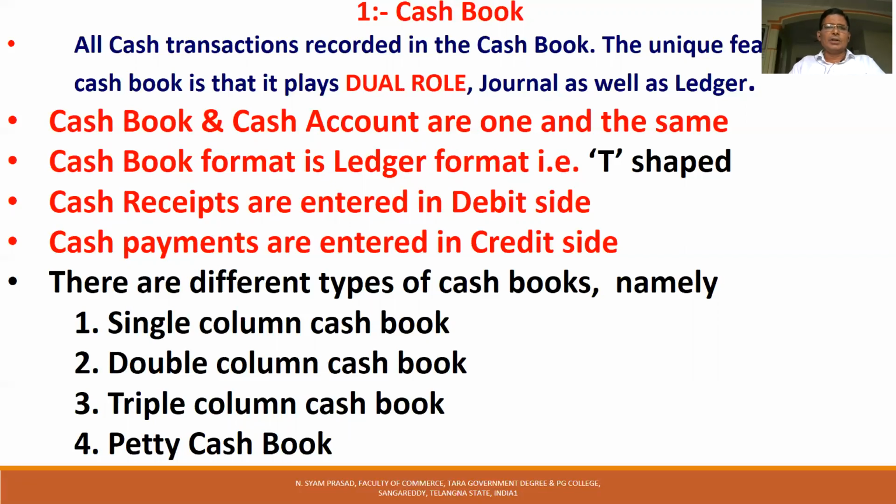The left-hand side is used to record all the cash receipts, cash coming in; that is the debit side. If there is a cash payment, that is recorded on the credit side.